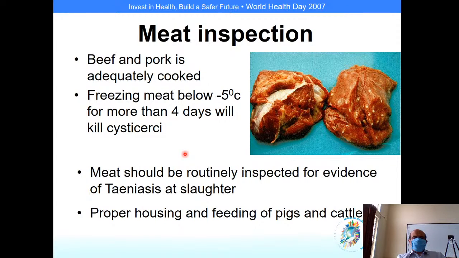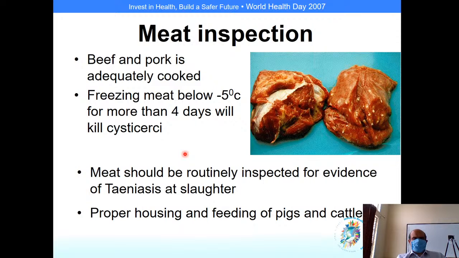In meat inspection, beef and pork should be adequately cooked. Freezing meat below -5 degrees centigrade for more than 4 days will kill cysticerca. The meat should be routinely inspected for evidence of teniasis.